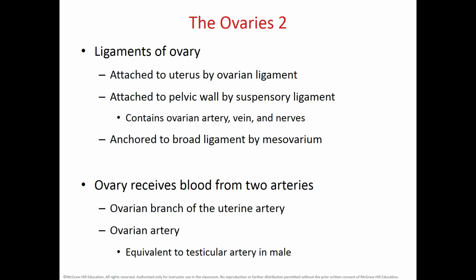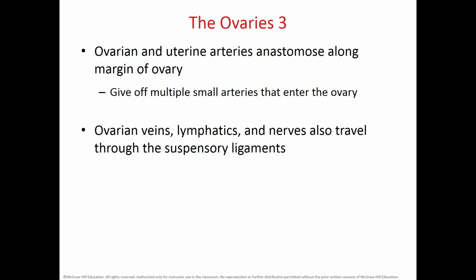Blood supply to the ovary is given by the ovarian artery, which is the equivalent of the testicular artery, a branch of the aorta. Now, the uterine arteries are branches of the internal iliac artery.